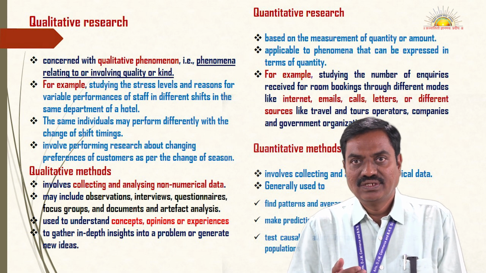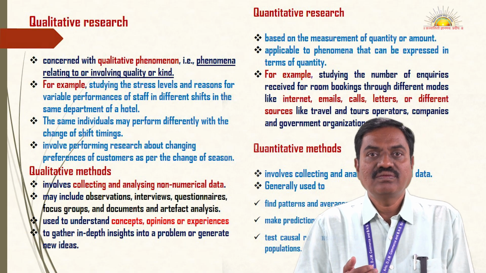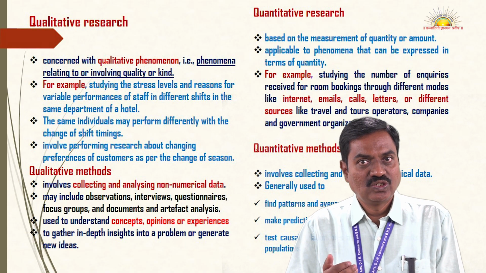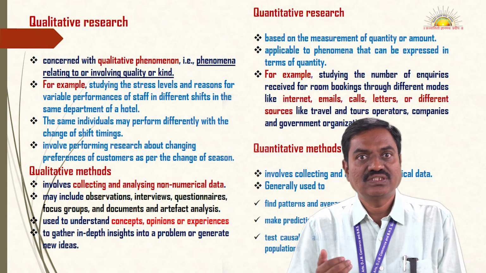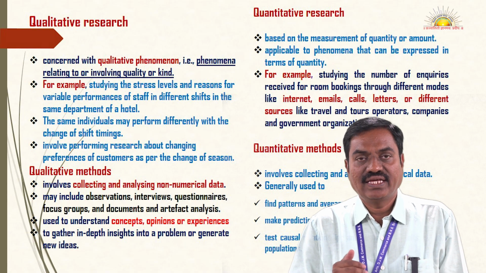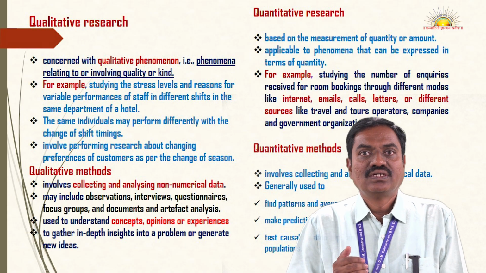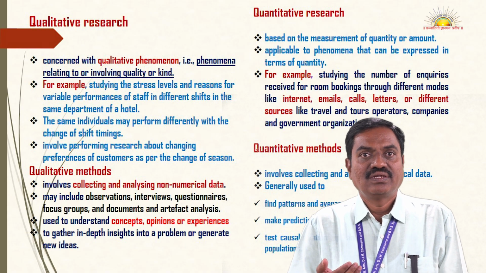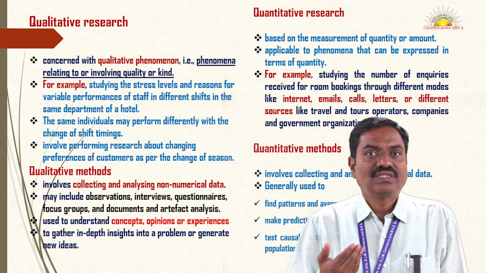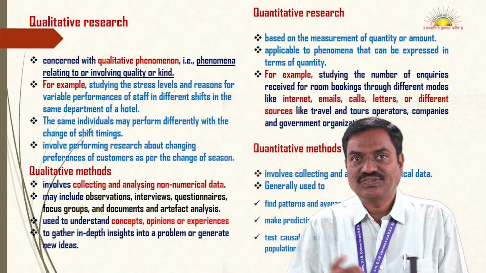For example, studying the stress levels and reasons for variable performances of staff in different shifts in the same department of a hotel can be an example. The same individuals may perform differently with the change of shift timings.